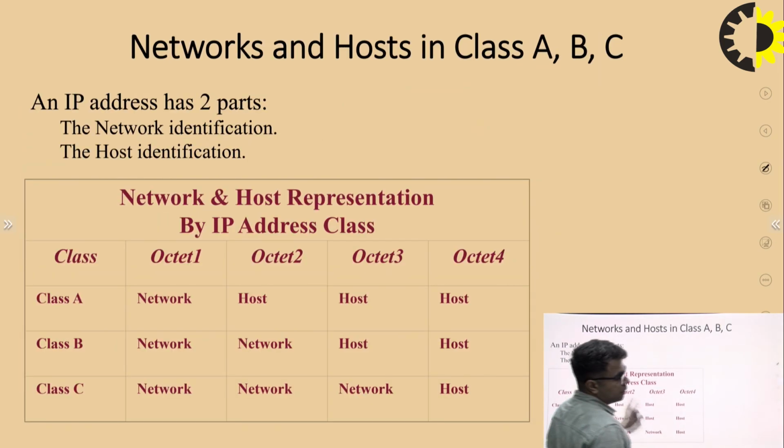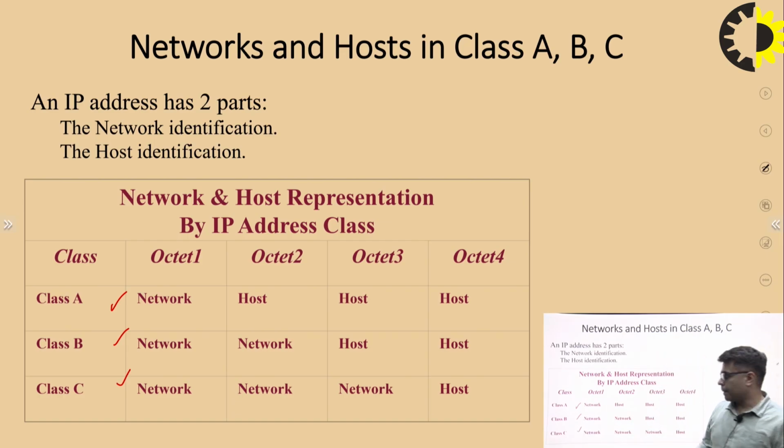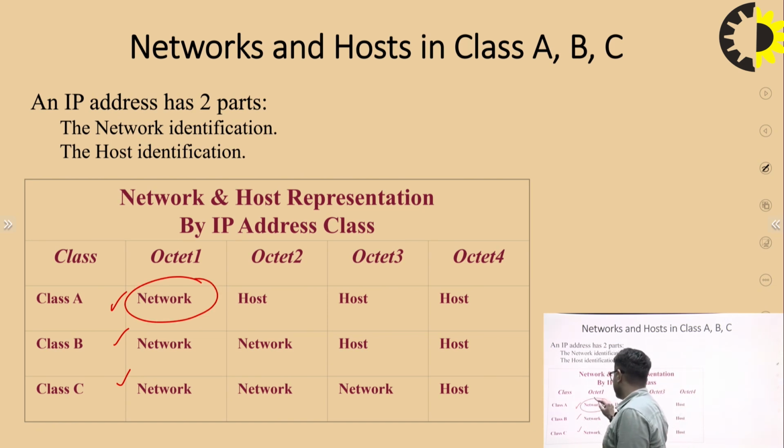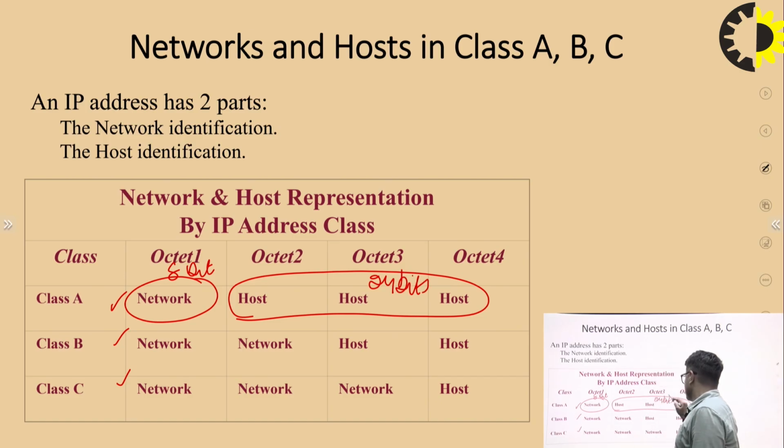Now this is the most important thing. In these three classes which are being prominently used by us or the network providers, class A, class B, class C, the first octet, the first 8 bits, belong to the network and the remaining 24 bits belong to the host.